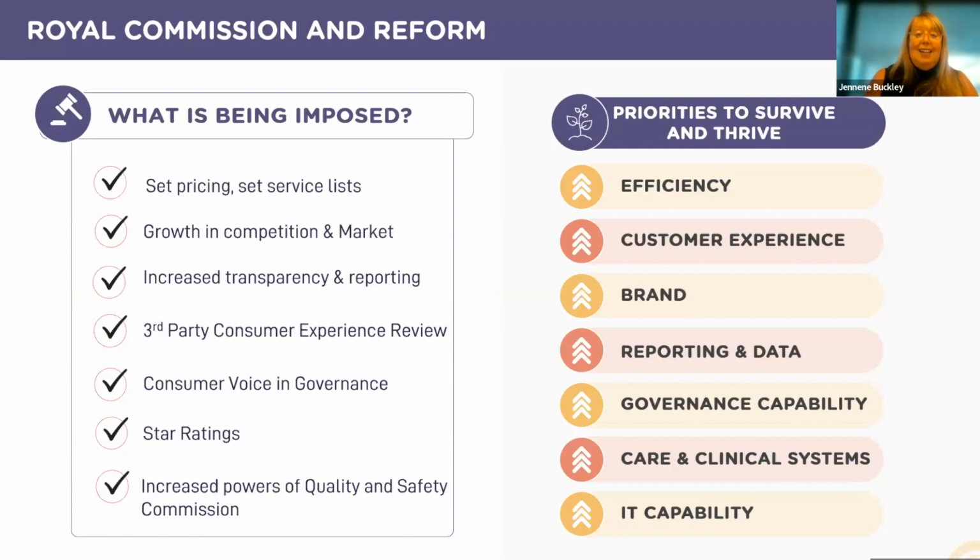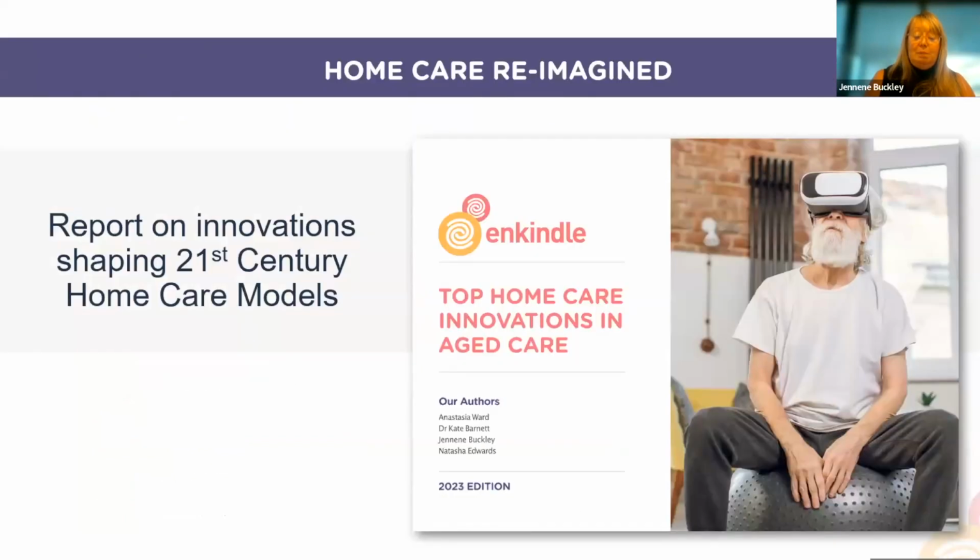For this reason, Enkindle wanted to explore service delivery models that were evolving nationally and internationally to look at emerging innovations, and has recently published a report with 11 key themes on what we will see as changes as far as new home care models. I'm going to touch on this afternoon just 4 or 5 of those themes, and of course the report is available as a resource nationally and internationally to be able to review the comprehensive themes.